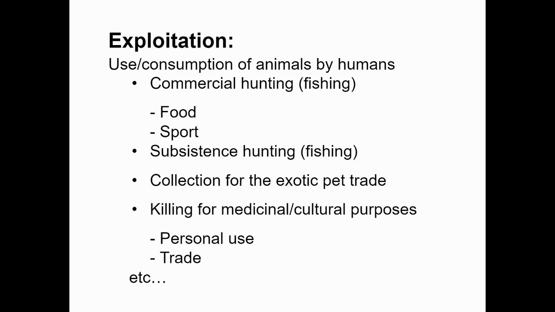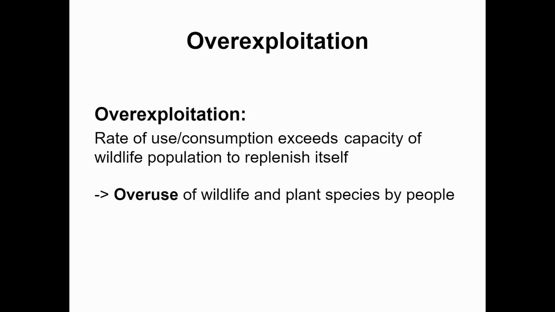So, what is exploitation? One other word for exploitation is actually just use or consumption of animals by humans. This can be fishing for food or sport, subsistence hunting, collecting for the exotic pet trade, killing for medicinal or cultural reasons. Any type of way that we use animals would be considered animal exploitation or animal use.